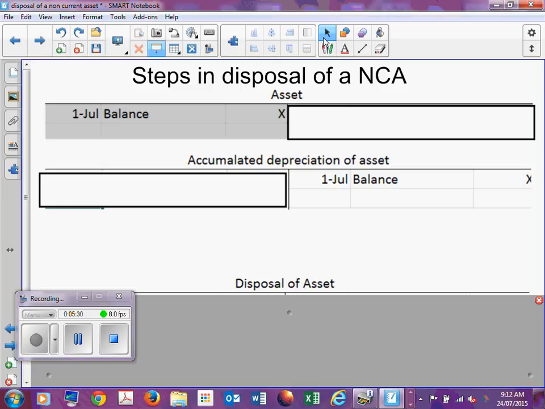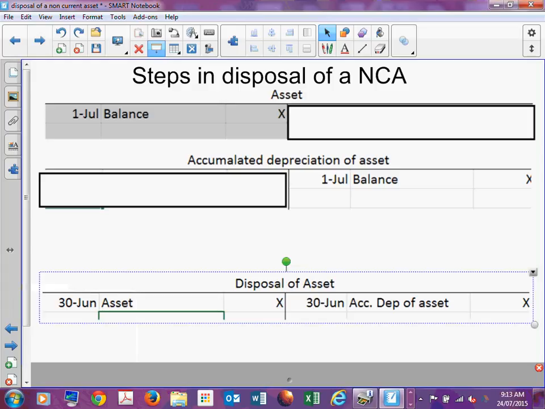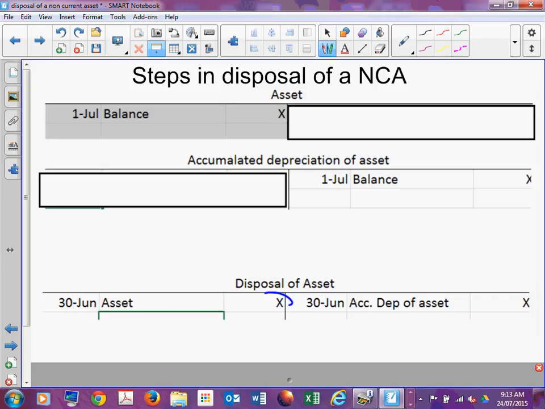Debit, disposal of assets. So in our disposal of asset account, on the debit side, 30th of June, because we always use end dates, the cross-reference is asset, and the amount is the historical cost. So if you want to write that down as a reminder for yourself, that number there is the historical cost figure.